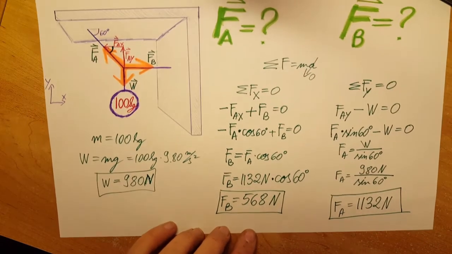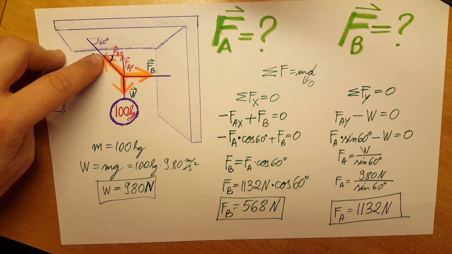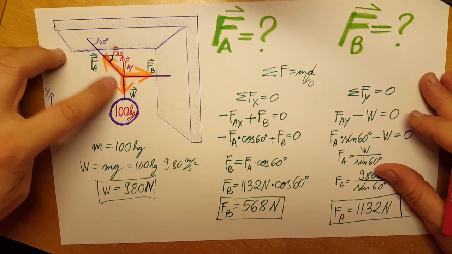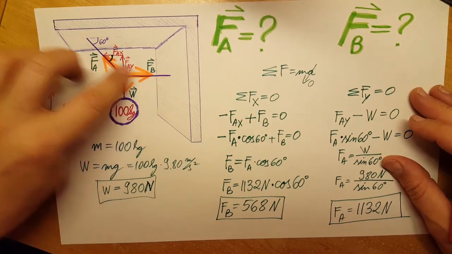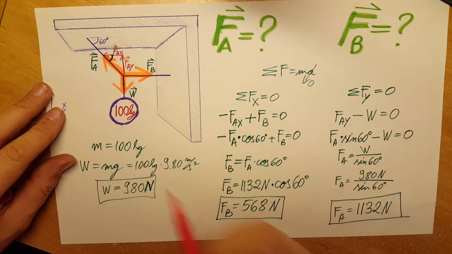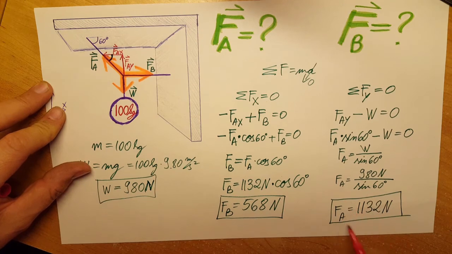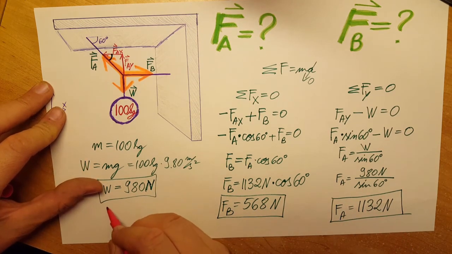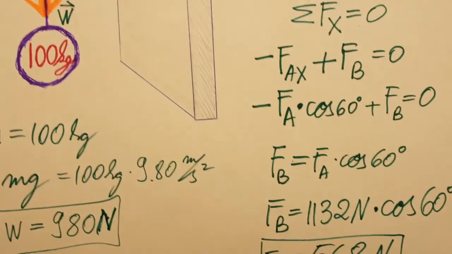Now to finish off, let's take a look at what kind of weight this cable or rope needs to be able to hold in order for us to be able to use it. So our biggest force that's gonna be applied on this rope is right here, FA. So we're gonna take FA. Let me zoom in for a little bit.